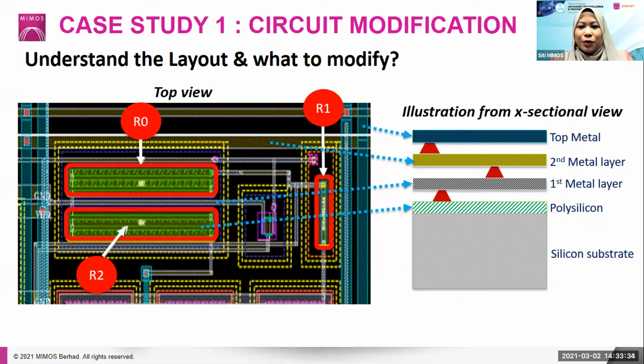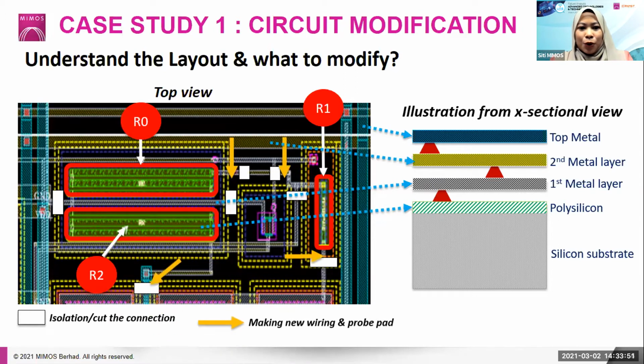So now we have to determine which one is the area that we need to isolate. So basically, this will be the location that we consider to cut the connection, as I highlighted here in this white box. And after that, we can also add in the new wiring and also the probe pad for the connection.